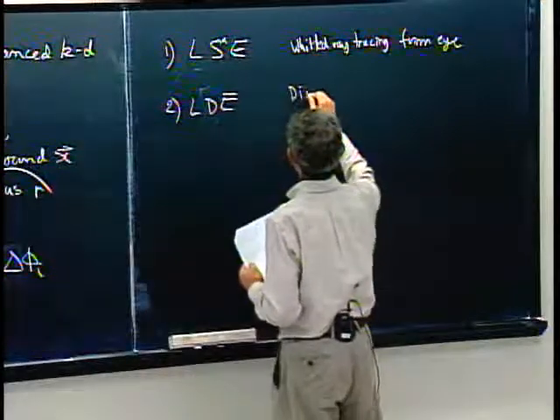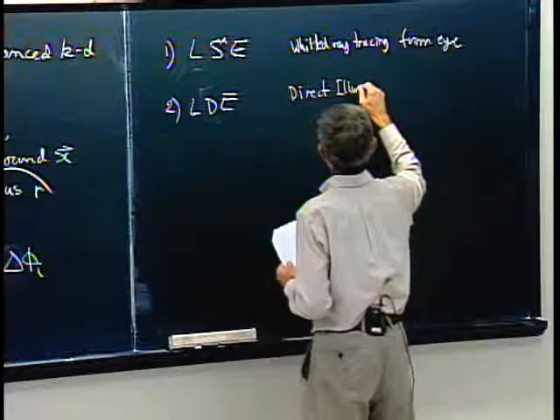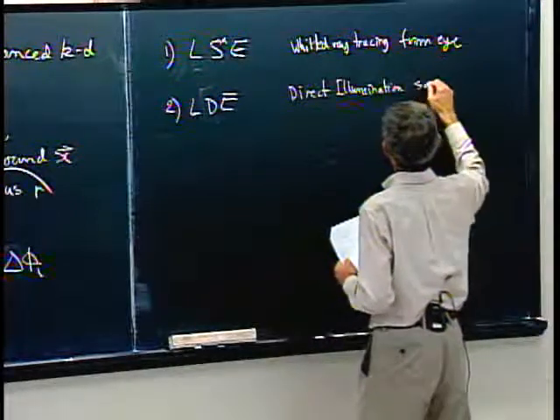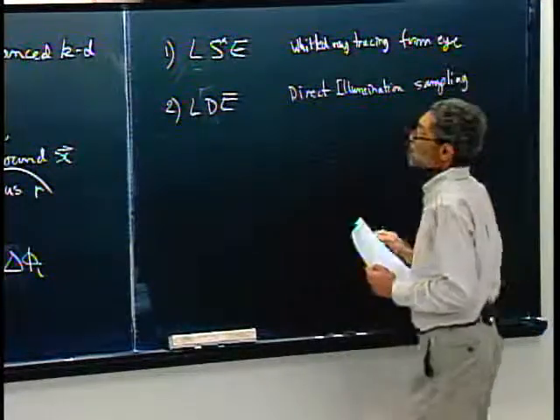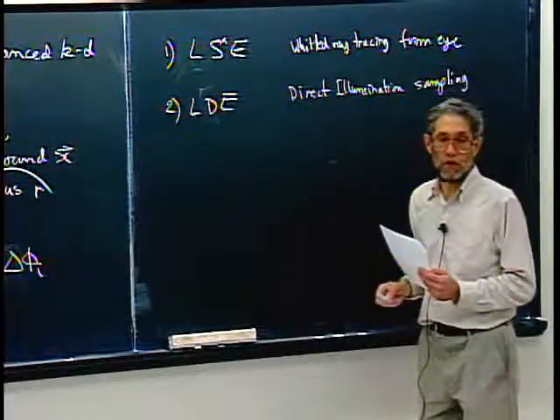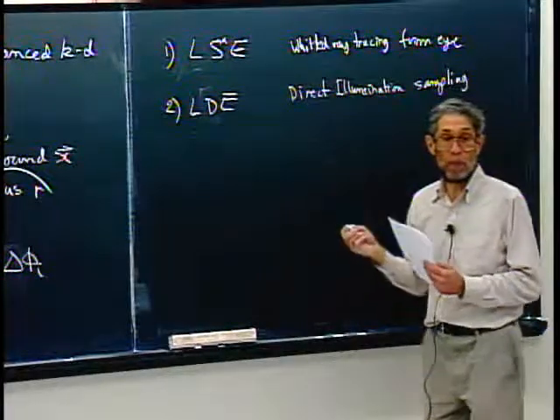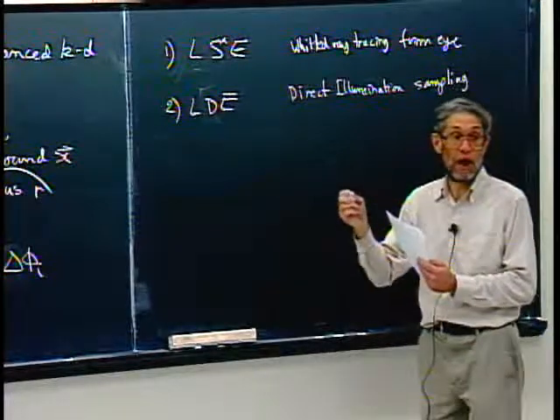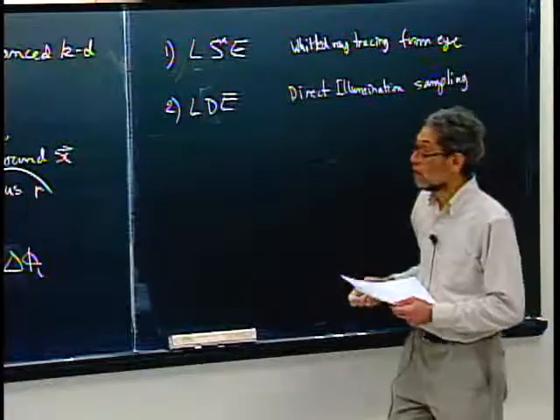This would be direct illumination sampling. That you can do without too much noise, as you've discovered in your homework. The direct illumination, you could get a reasonable picture with the same number of samples with less noise than the indirect, because you're only aiming them at the light source, and it's just shadow rays.